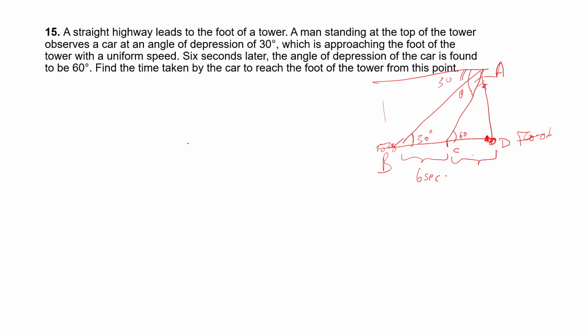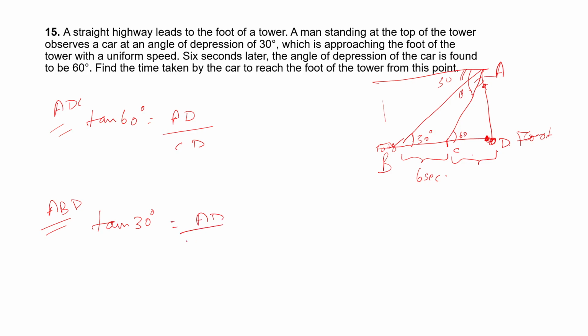Now again taking the triangle ADC, tan 60 is equal to AD by CD, and I'll take the triangle ABD. So tan 30 is equal to AD by BD. Now in both, what is AD?